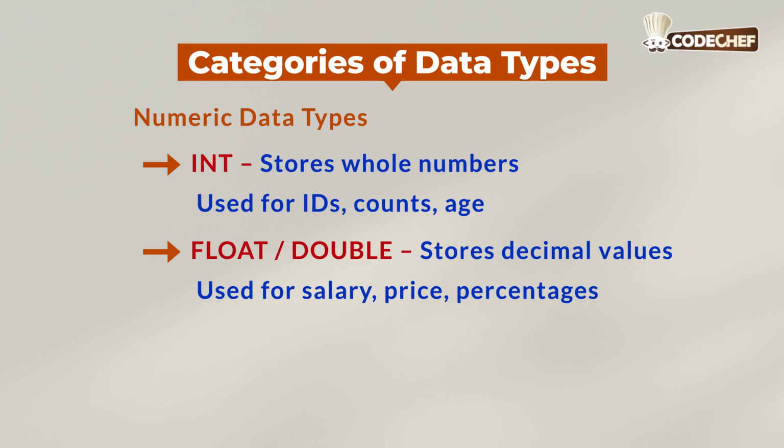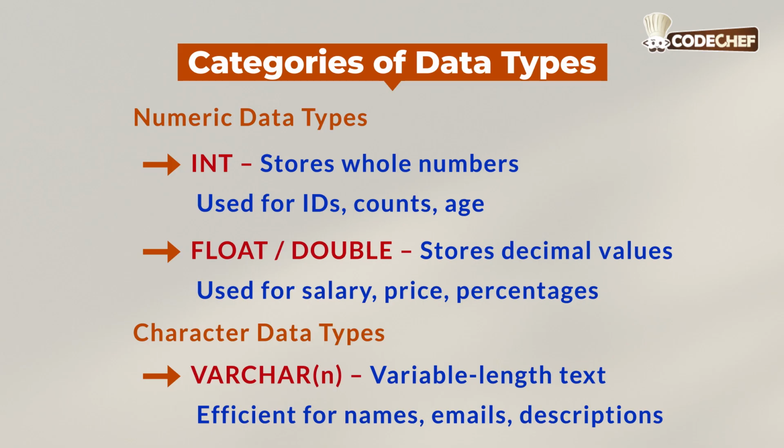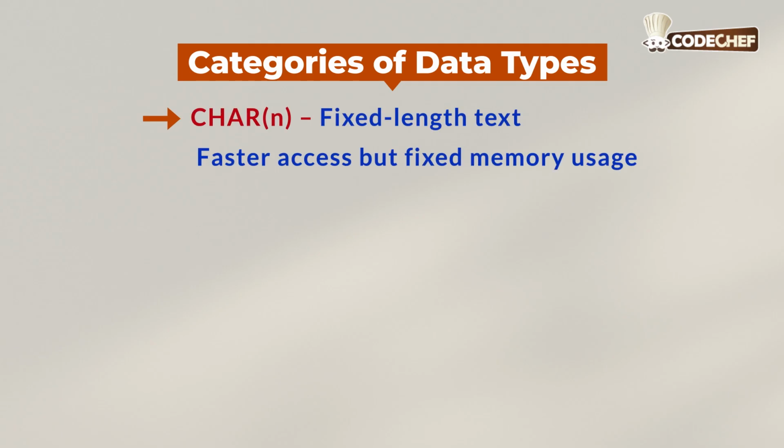Then, the second category is character data type. It is also known as varchar(n). It means variable length text. It is efficient for storing names, emails, and descriptions. Next is char(n). It is used for storing fixed length text.